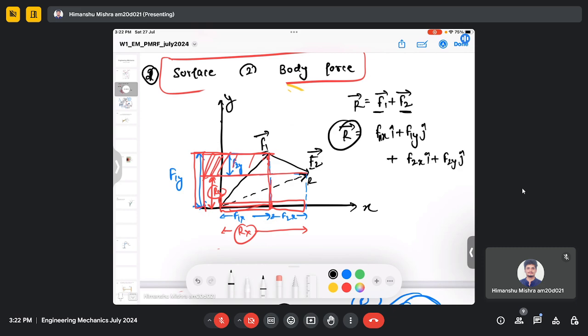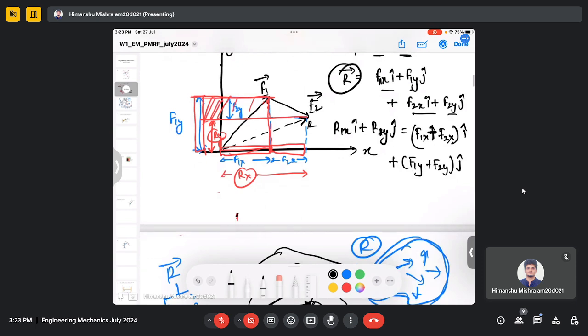So I can write the resultant force as Rx i cap plus Ry j cap equal to, and here let me club the x component forces and y component forces together. So it will be F1x plus F2x along the x-axis, and F1y plus F2y along the y-axis.